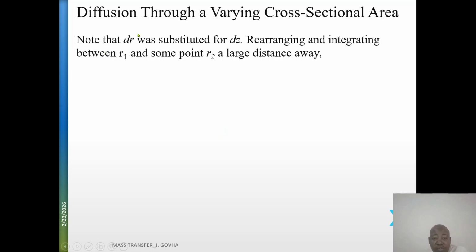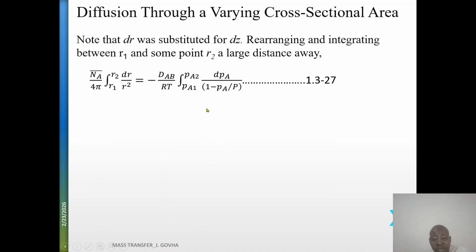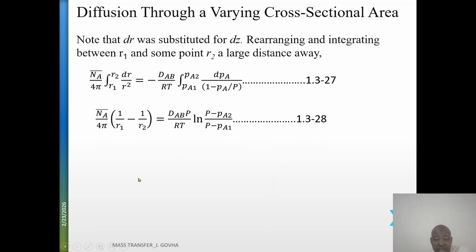So, as I have already indicated, dr was substituted for dz, then rearranging and integrating between r1 and some point r2, a large distance away. This is showing our integration. Then after integrating, we've got our equation 1.328. We've already applied the limits in that equation.